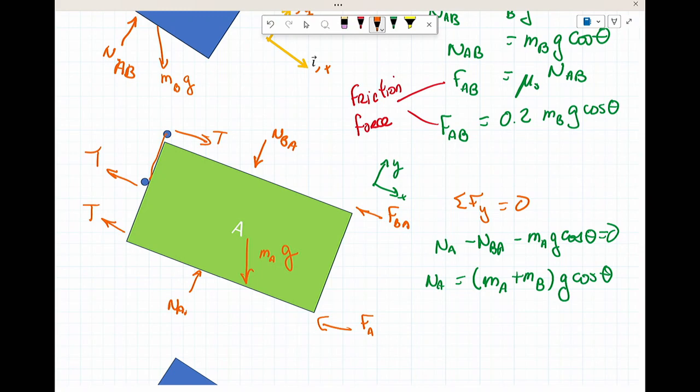But remember, as you separate out these bodies, you can do whatever you want. You can look at one block or the second block, but as you're looking at both of those blocks, if you separate them, you have to consider all of the forces so that if I add them together, everything goes to 0.